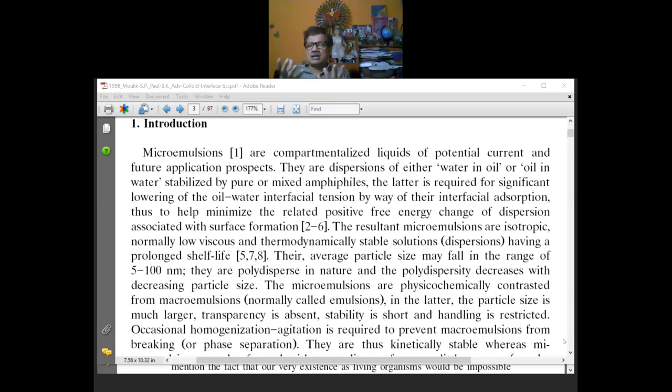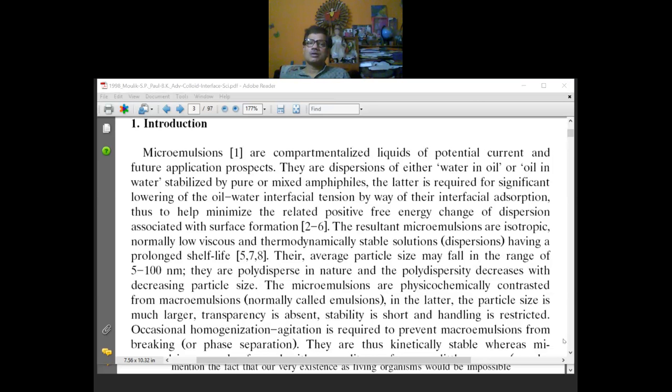So when I am considering water in oil microemulsion, water is in a compartmentalized state, where water is compartmentalized in a reverse micelle.